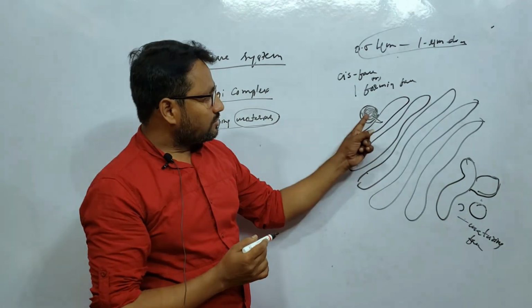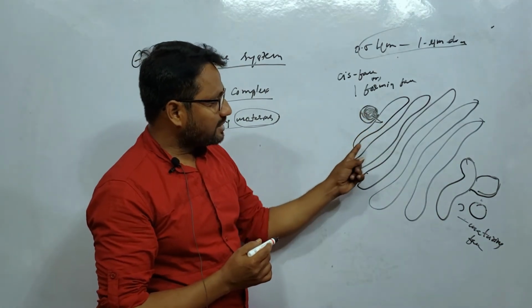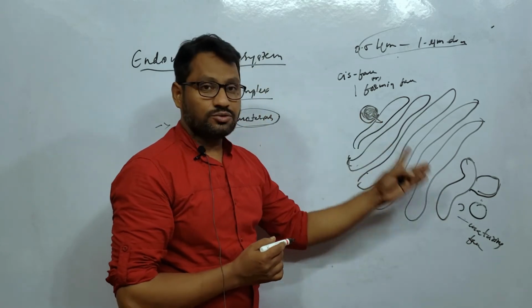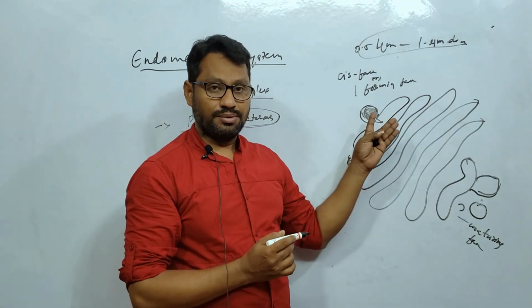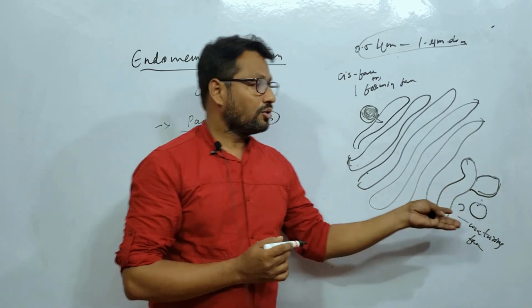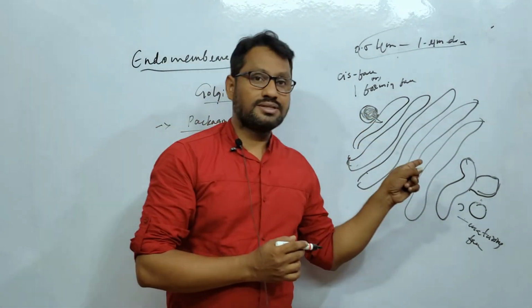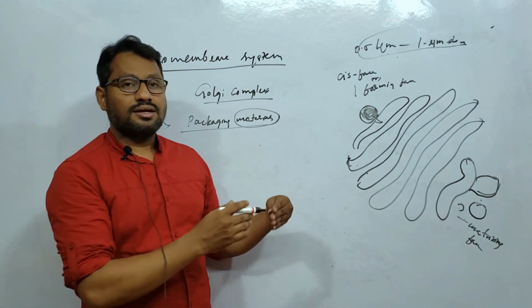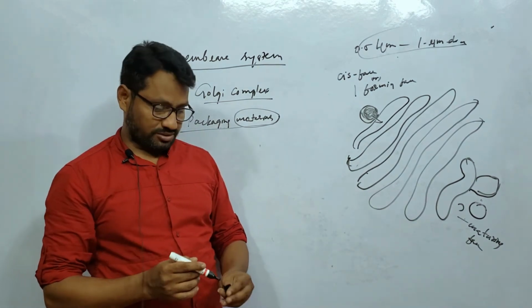The functions of the two phases, from cis phase to maturing phase, are completely different, but they are interconnected. So materials from the ER fuse with the cis phase and move towards the trans phase. From there they are released into the cytoplasm.